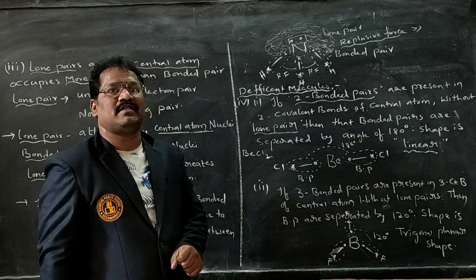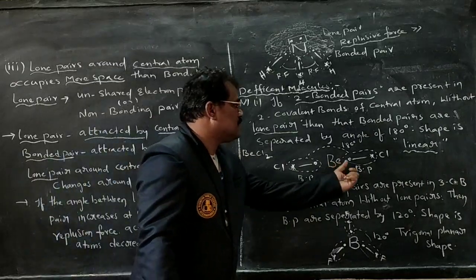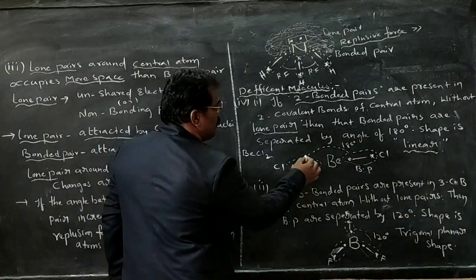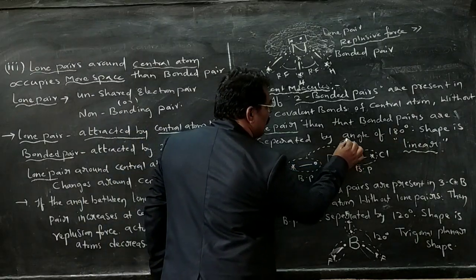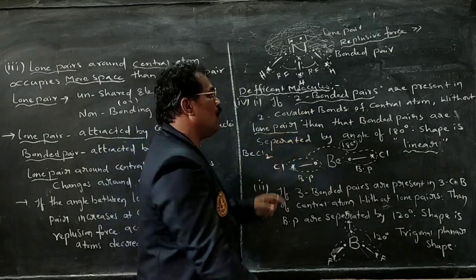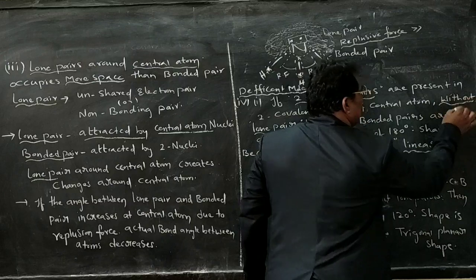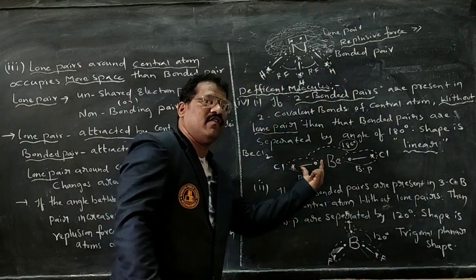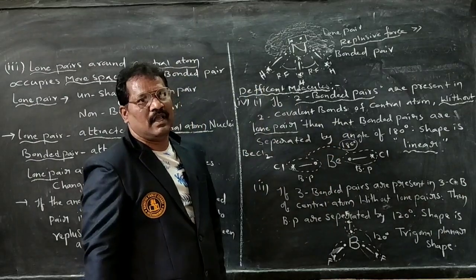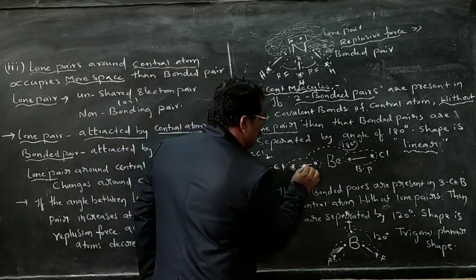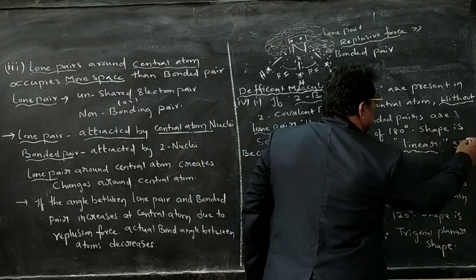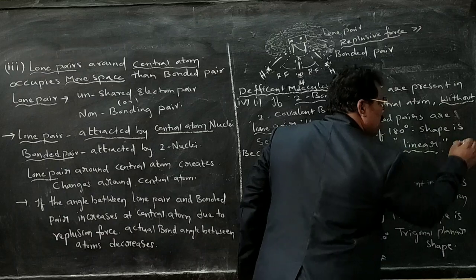It has one bond pair and another bond pair, such that the bond angle will be equal to 180 degrees, as there is no lone pair. And the shape of the molecule is linear, a straight line.